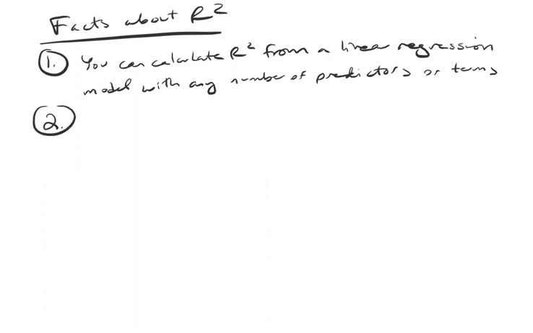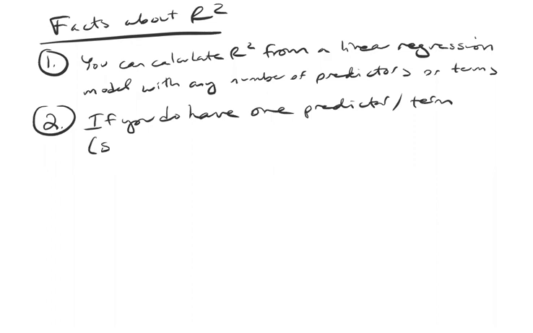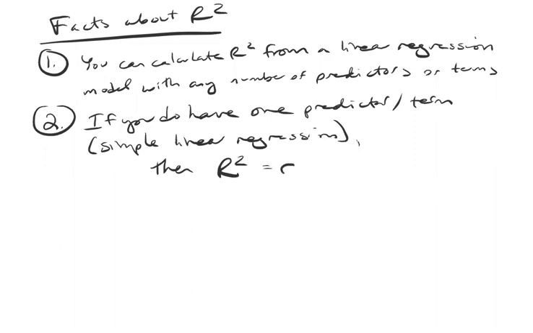Here's another fact. If you do have only one predictor or term, in other words, if you're thinking about a simple linear regression, then R squared is equal to little r squared.